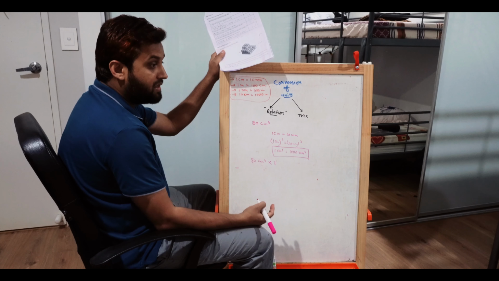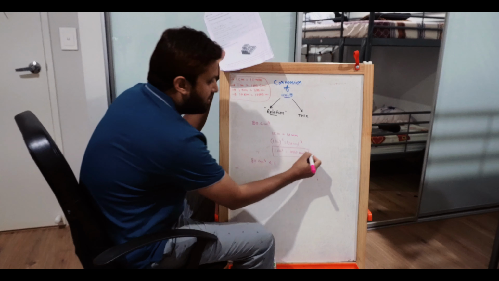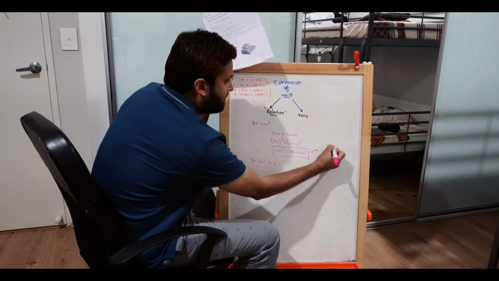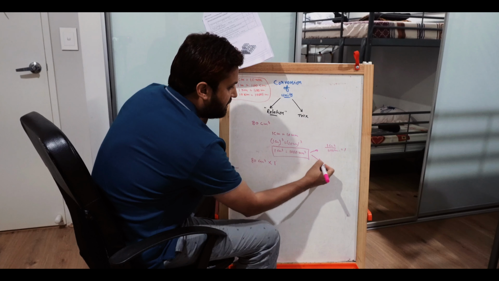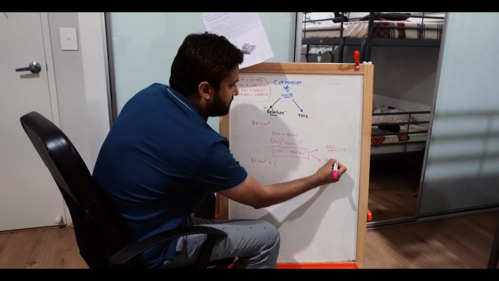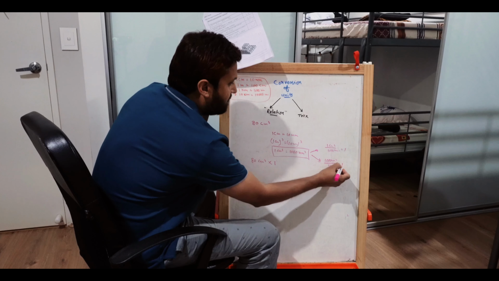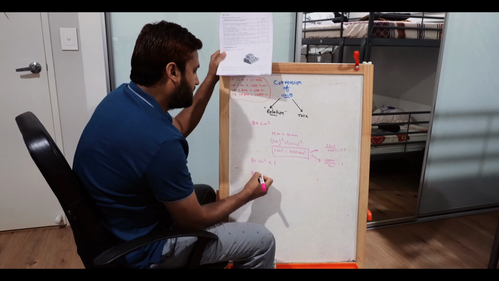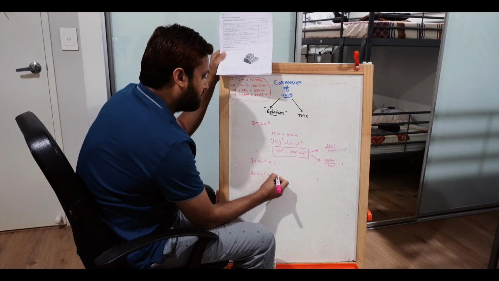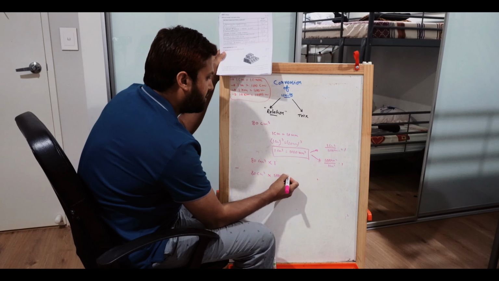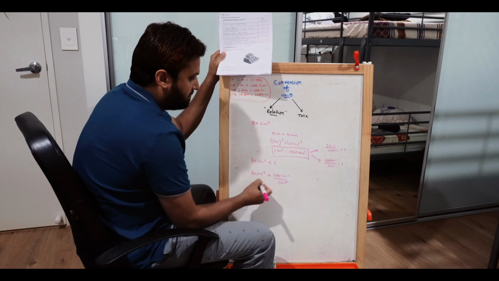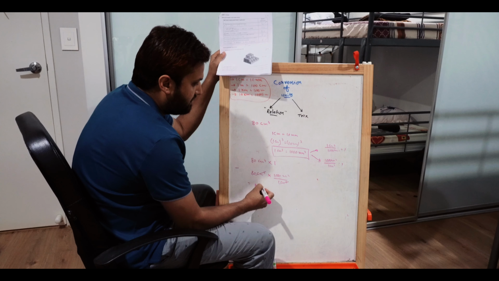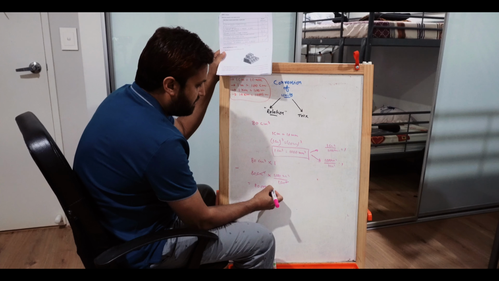Now we are going to convert to millimeter, so the centimeter cube has to be cancelled. This gives two conclusions; we use the second one. 80 centimeter cube times 1000 millimeter cube divided by 1 centimeter cube. The centimeter cube cancels, which gives 80 and 1000 millimeter cube. This is the answer.